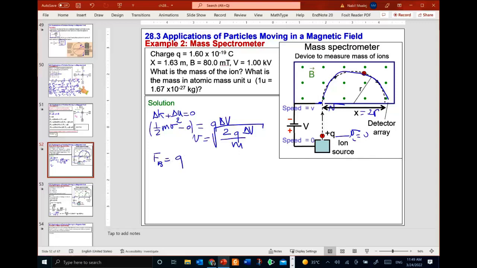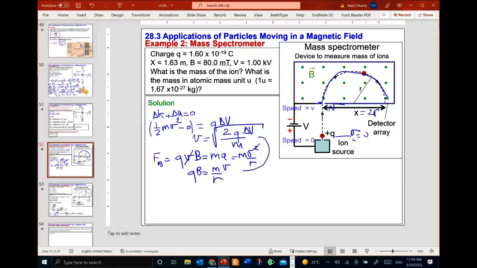QVB is equal to the mass times the acceleration, which is m v squared over r. Here they are asking for the mass, so let me simplify this. One v will disappear, and so I have QB equal to m v over r.